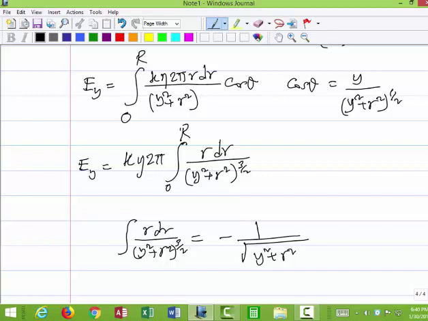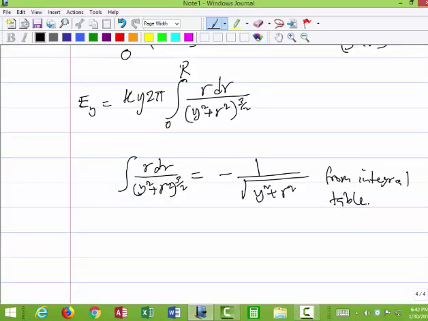I'm sure you can do it using calculus, but in physics we usually just look at the table and get the integral out. What page is the table on? The table is in appendix A3.